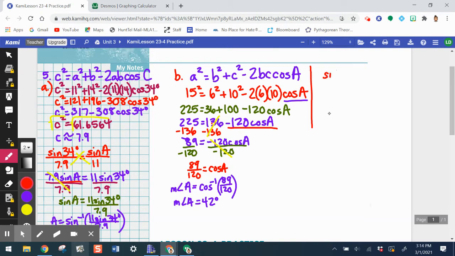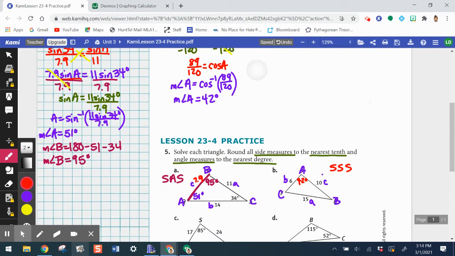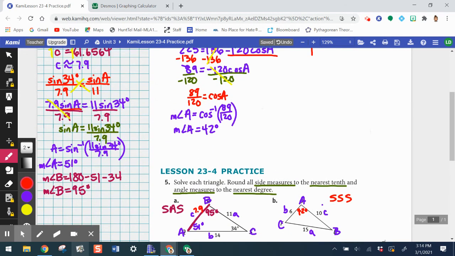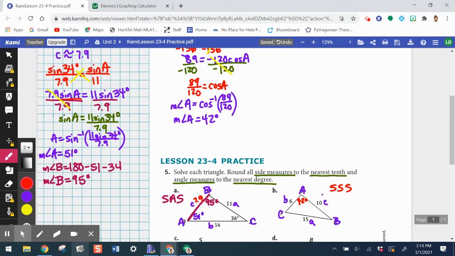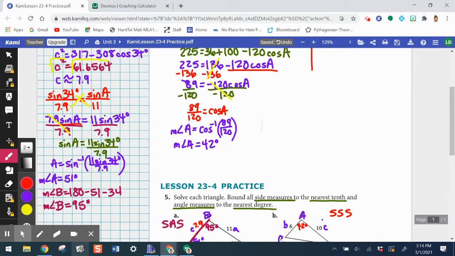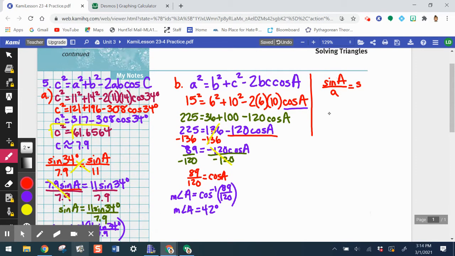So we're going to use the sine of A for sure, since we have the measure of the angle A and its opposite side, equal to, let's say we're solving for angle B next. So we're going to use the sine of B over its opposite side, which is 6. So let's replace with what we know.